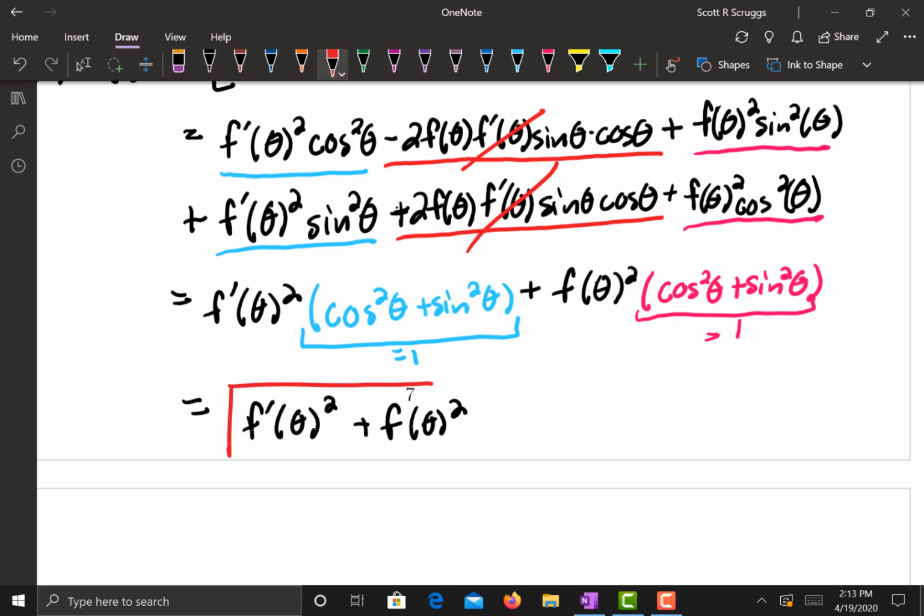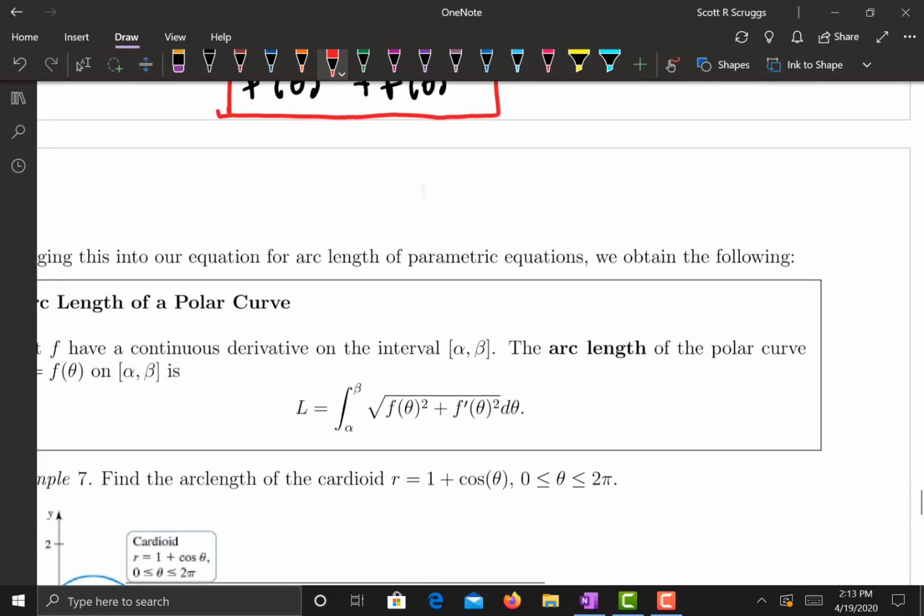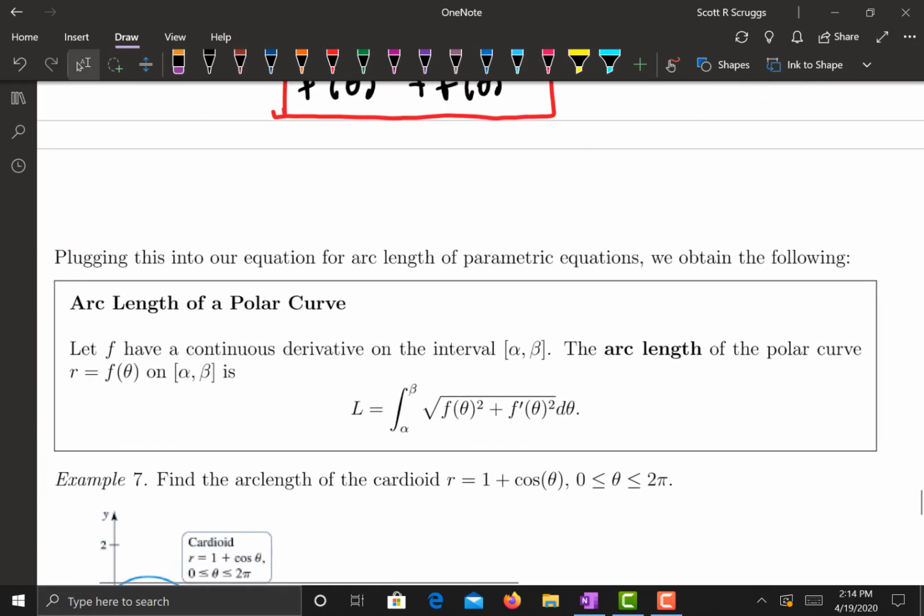And I get to substitute that into my formula for arc length, which now gives me, after summarizing, my final formula for the arc length of a polar curve: the integral from alpha to beta of the square root of the polar curve itself squared plus its derivative squared.